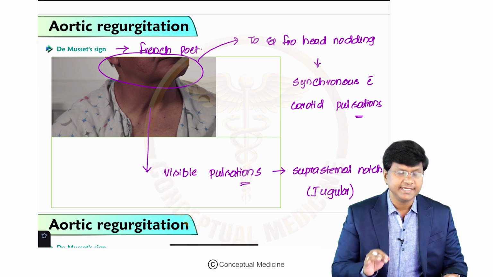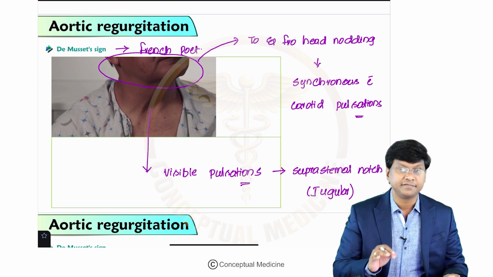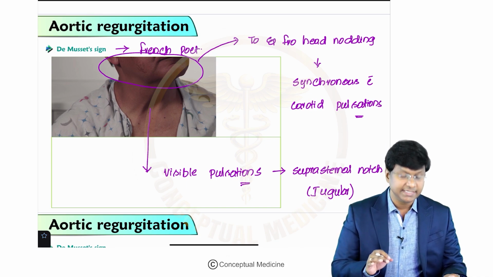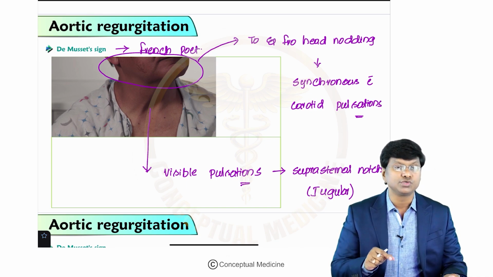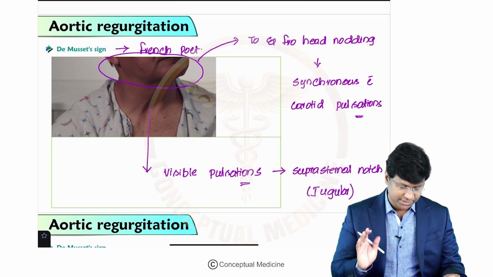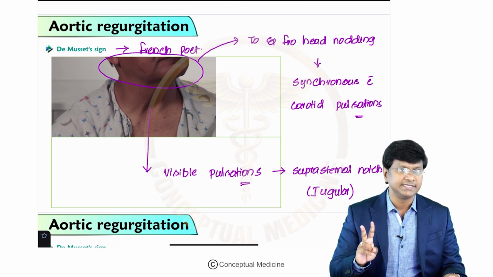So what is de Musset sign? It is named after a French poet, where you have to and fro head nodding synchronous with the carotid pulsations. And apart from that, in the neck, you also have the visible pulsations in the suprasternal notch, also called the jugular notch. So these are the two important signs in the neck.